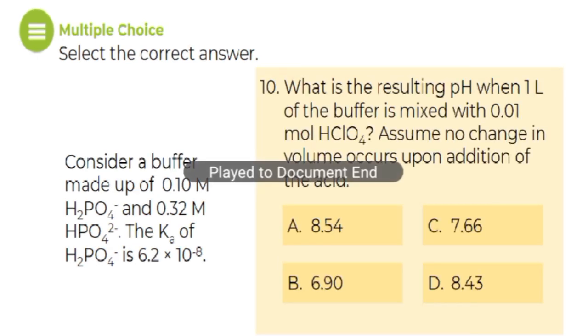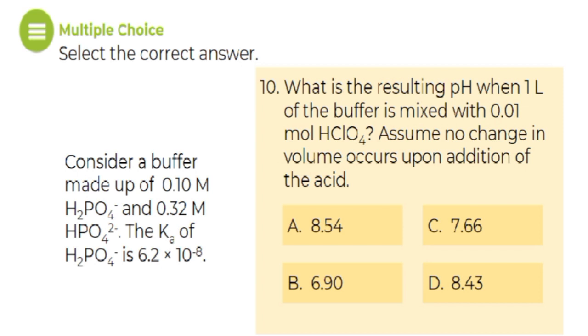Lastly, number 10. Consider a buffer made up of 0.10 molar H2PO4 negative and 0.32 molar HPO4 2 negative. The Ka of H2PO4 negative is 6.2 times 10 raised to negative 8.